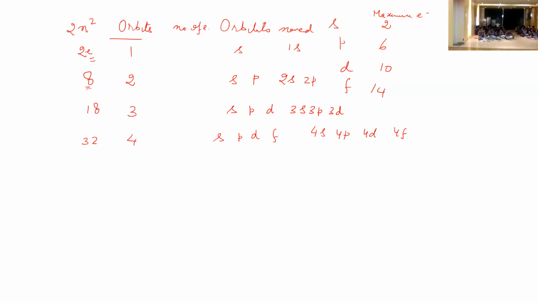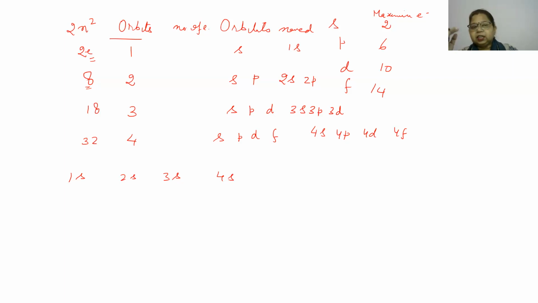Now, a question comes to the mind. What will be the difference between 1s and 2s? As I have told you, s is spherical in shape. So that means 1s, 2s, 3s, 4s, or whatever, 5, 6, 7, 8. You have learned there is a chapter of the periodic table where we will learn that elements till the 8th shell are complete now, right? So that means how many s can we have?